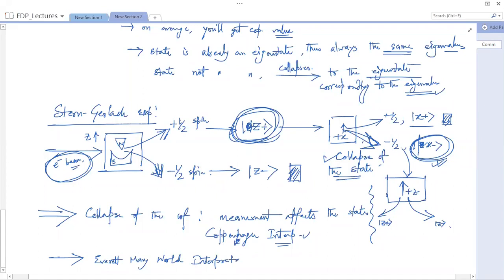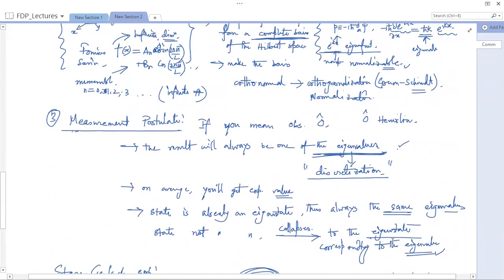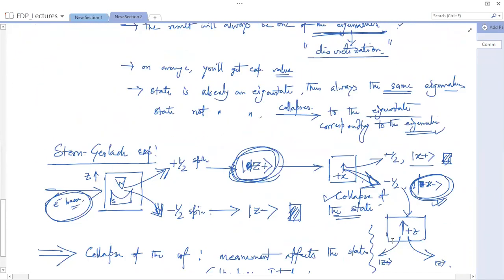To know a little bit about it, you need to know about superposition and entanglement, which I will not talk about here. The idea is not collapse of the wave function, but entanglement of the wave function with the surroundings. These are mainly the postulates of quantum mechanics.